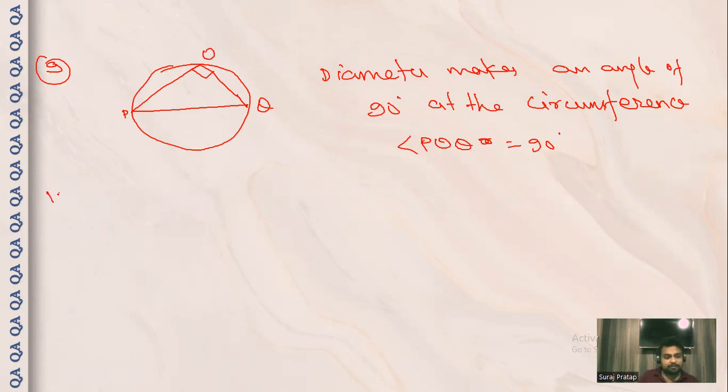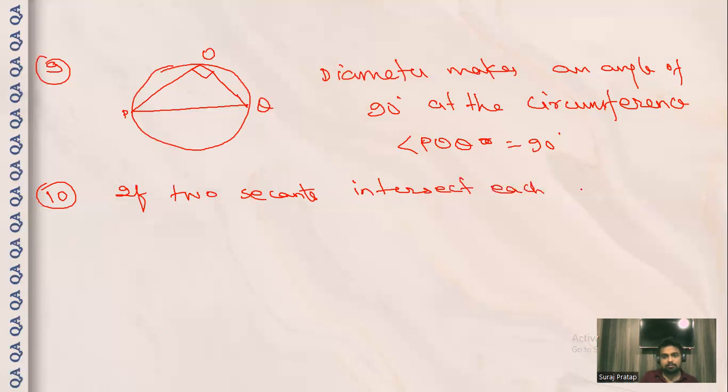Now the 10th concept is that, let's say there are two secants intersecting each other internally or externally.